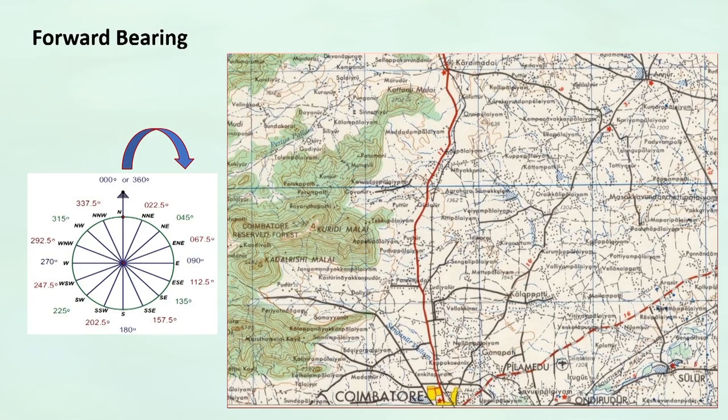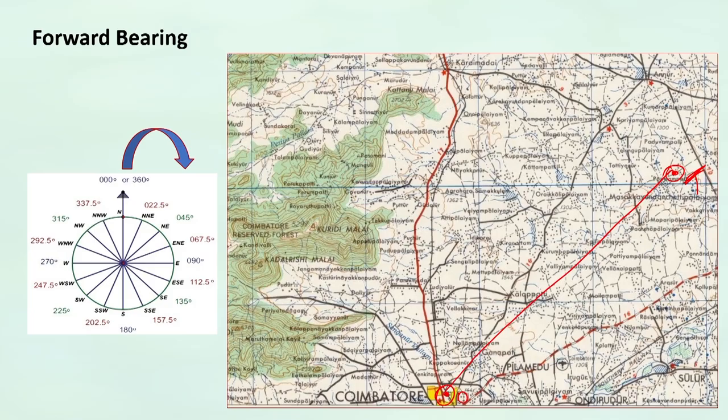So, here is Coimbatore, for example, this is my point of observation. Here may be Papambatti, one region, one village is there. So, this is my target point. I am in Coimbatore. I want to measure the bearing of Papambatti.